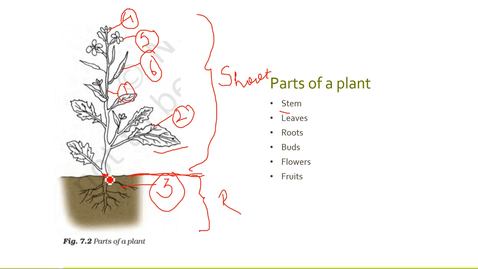The part which is present below the soil is called root, and its whole functioning or system is called root system. On the other hand, the part which is present above the ground is called shoot system, and your shoot system includes stem, leaves, buds, flowers, fruits. On the other hand, your root system only has roots in it.